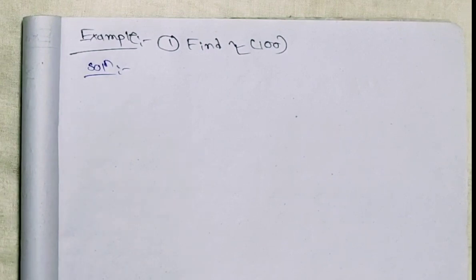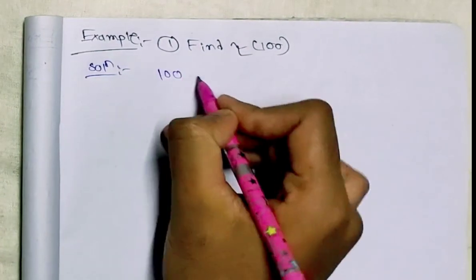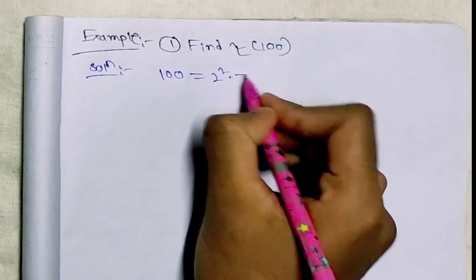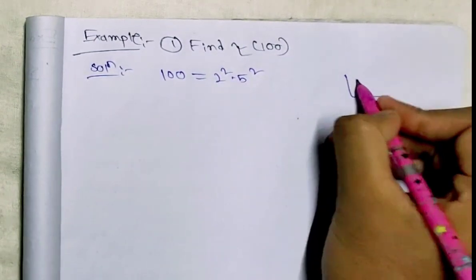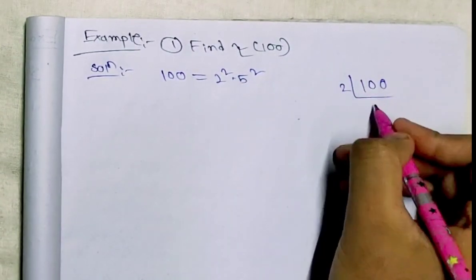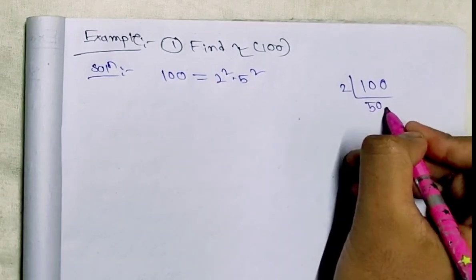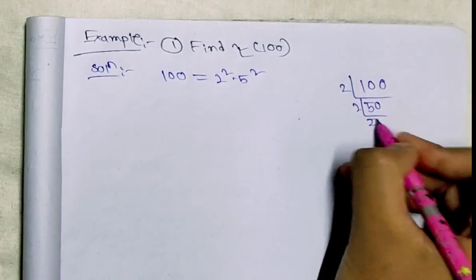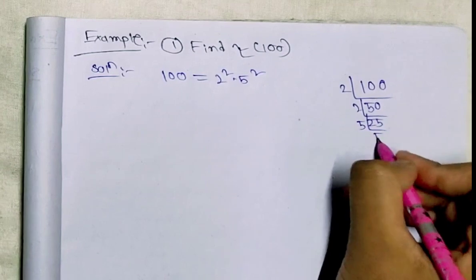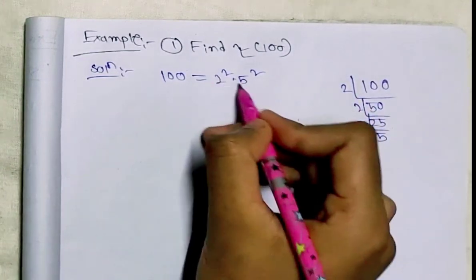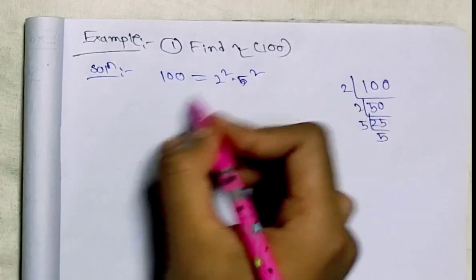First of all, find tau of 100. सो 100 को हम कैसे लिख सकते हैं, 2 squared into 5 squared. आप 100 को ऐसे प्राइम डिकम्पोज कर सकते हैं, 2, 50, 2, 25, 5 इंटू 5, सो 2 squared into 5 squared जैसे हम बचपन में करते थे.